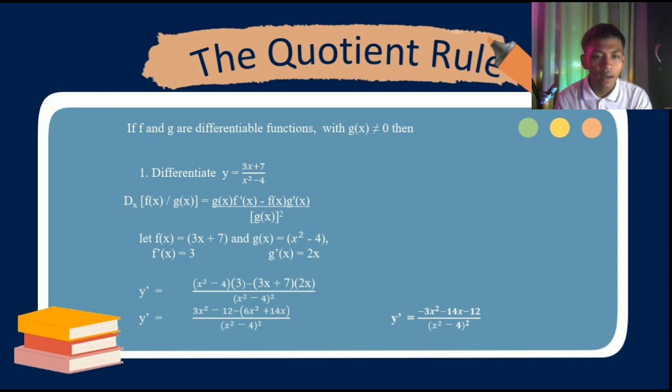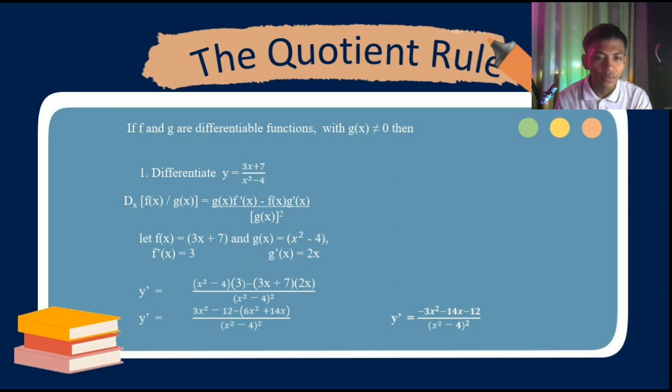On the upper part, we have to find the derivative of f of x. The derivative of 3x plus 7 is 3, and g of x, which is x squared minus 4, has the derivative 2x. And we have to copy the formula, which is g of x times the derivative of f of x, minus f of x times the derivative of g of x, over g of x raised to 2.